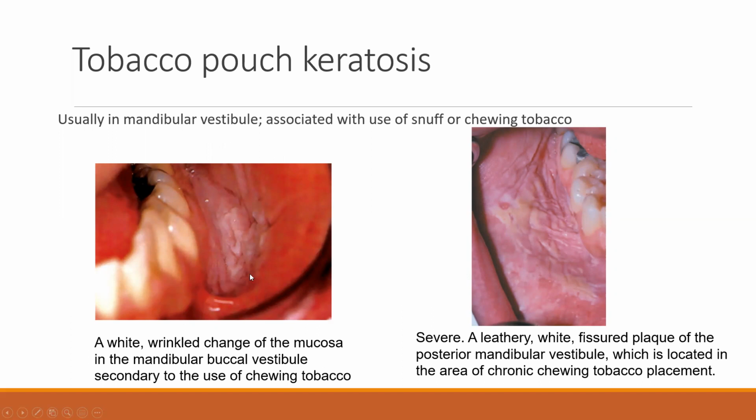And this type of lesion can be dependent on various factors like the amount of tobacco, the duration for which it was used, the brand, the frequency, and also the site. Usually the patients who use moist snuff tend to keep it very closely in the buccal mucosa or the buccal vestibule, and they favor just one side for some reason.